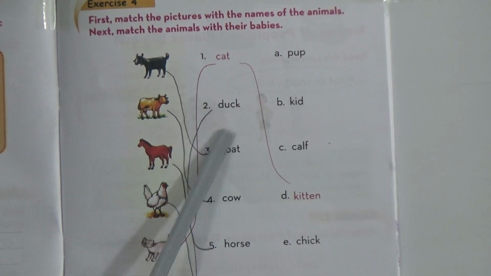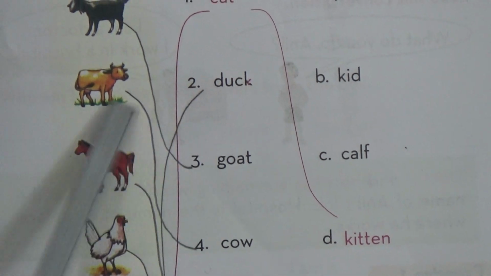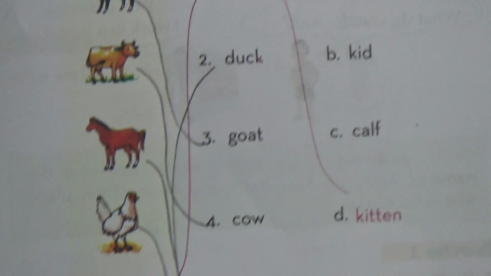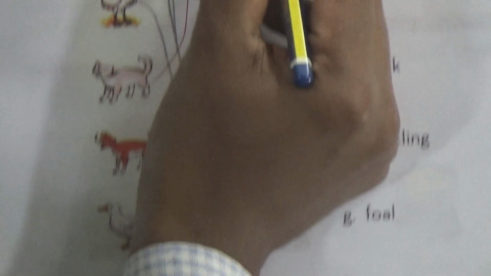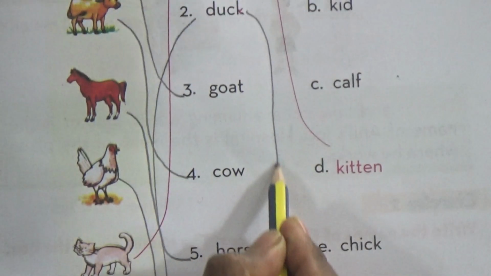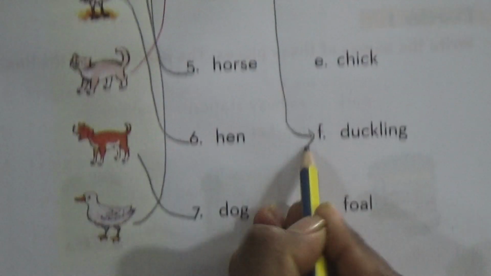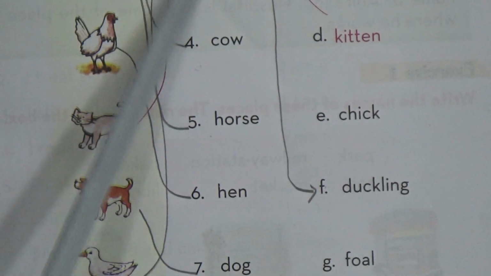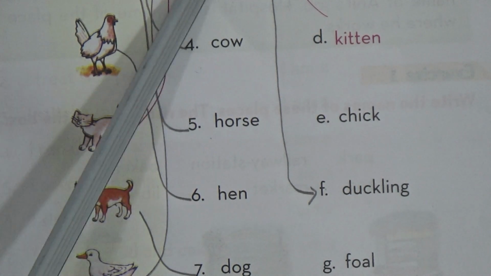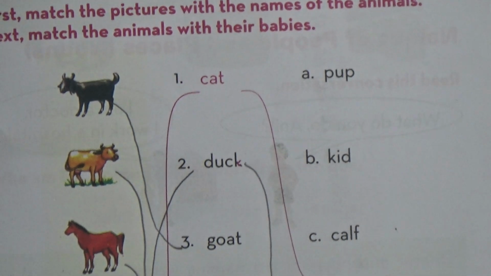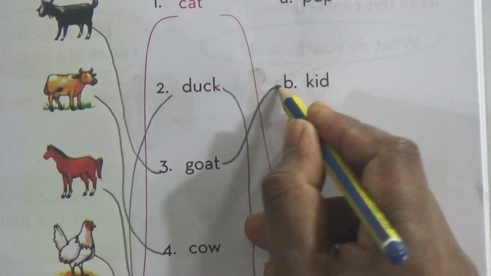Okay. And number 2 is what? Number 2 is duck. Duck's baby is called duckling. Okay. So we will match duck with duckling like this. Okay. And dear friends, what is in the third number? Third number is goat. Goat's baby is called kid.